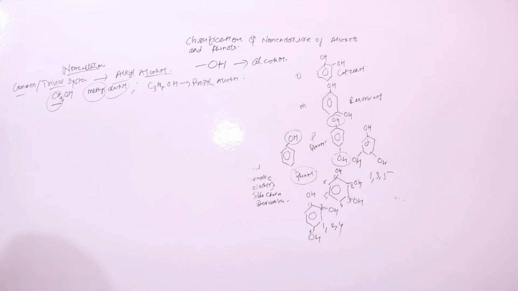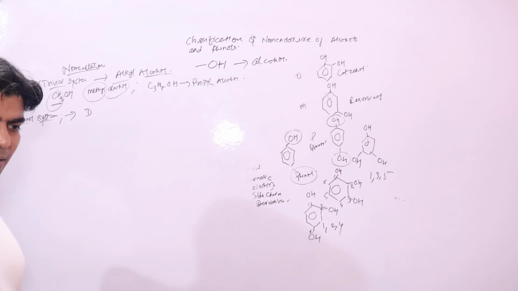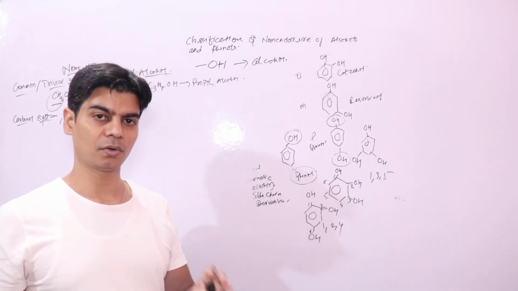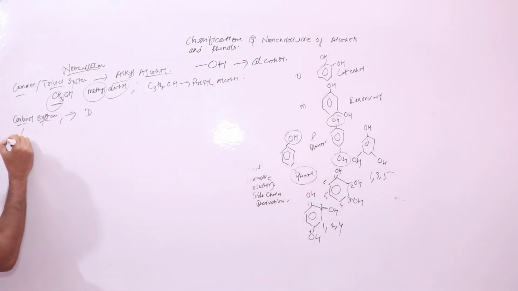It is simple. The other system in alcohols is called the carbinol system. In the carbinol system, alcohols are named as derivatives of methyl alcohol, and methyl alcohol is carbinol.